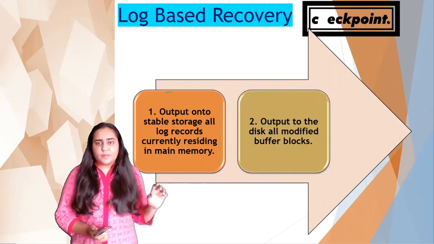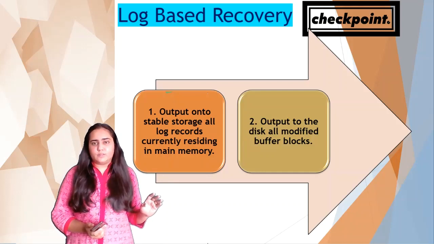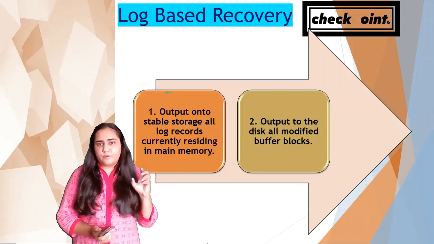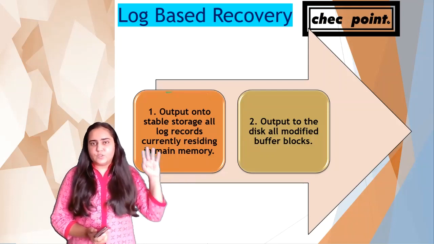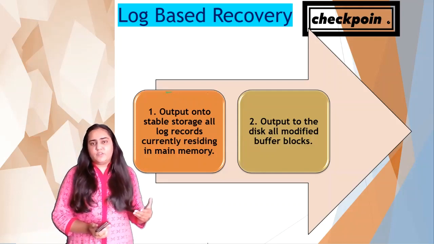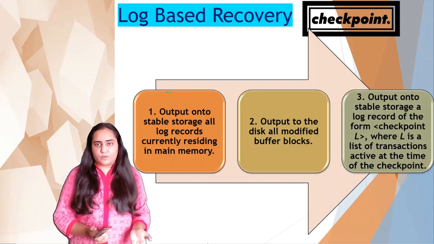Then the second step is you will output to the disk all modified buffer blocks. If you know the database system architecture, you know that there's a buffer. So whatever is there in the buffer which has been modified will be transferred to the secondary memory.